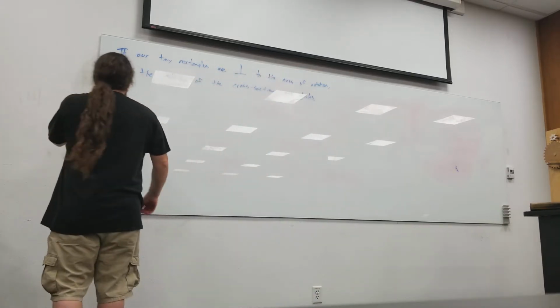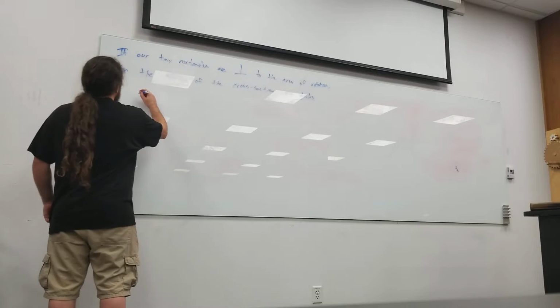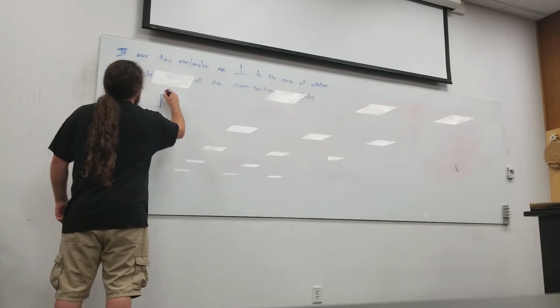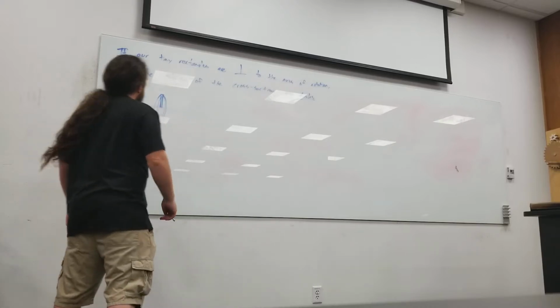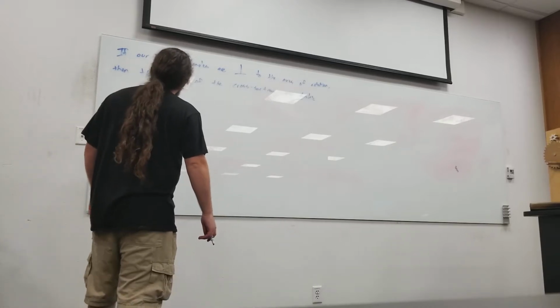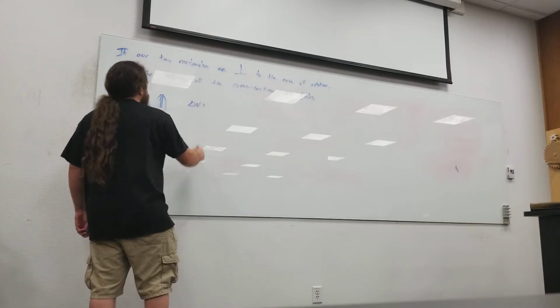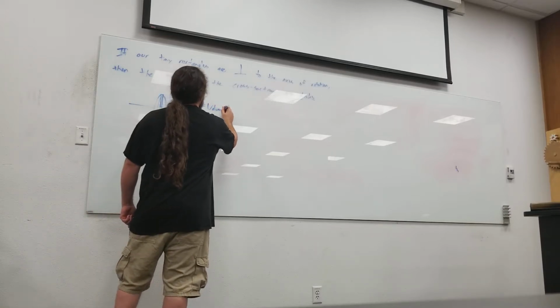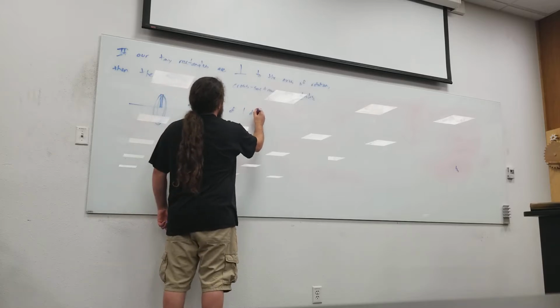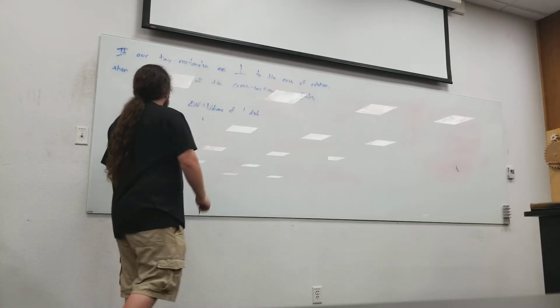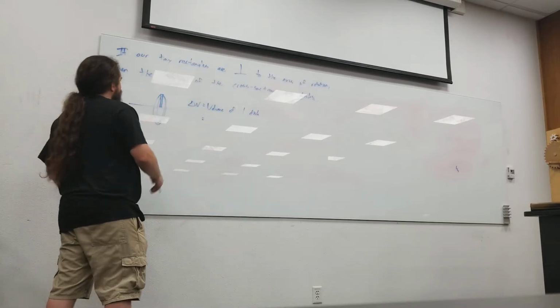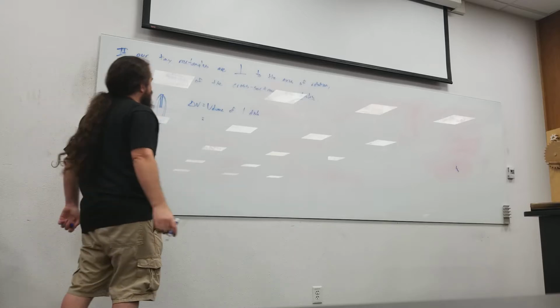All right, so how would you find the volume of one of those? Yeah, it's an area of a circle times a thickness, right?